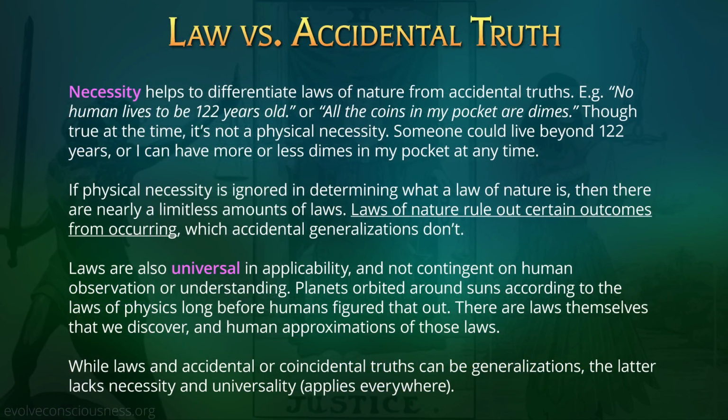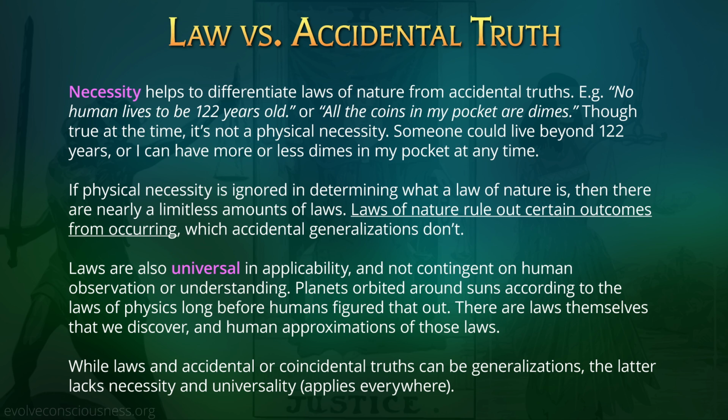Law versus accidental truth. So when we're talking about laws, there's laws which are generalized truths, and then there's just accidental generalized truths, which are not laws. Necessity helps to differentiate laws of nature from accidental truths.